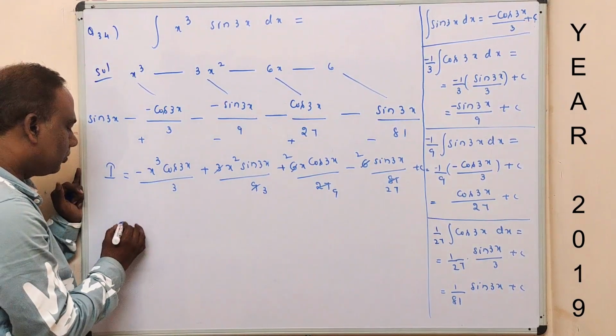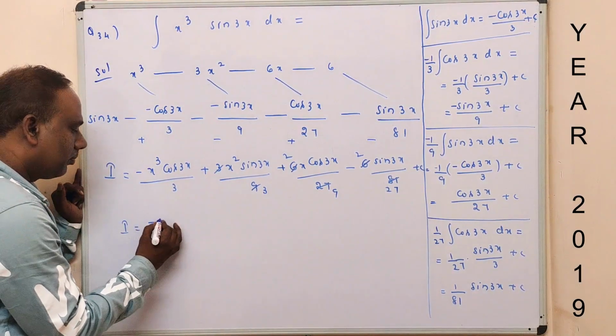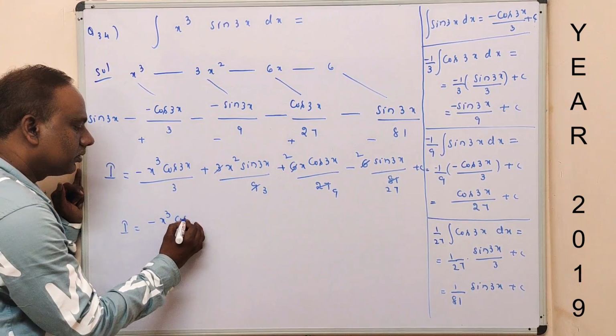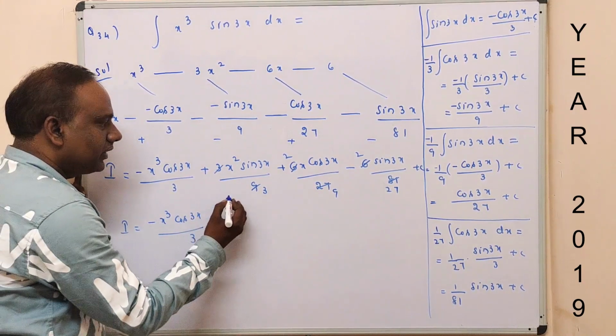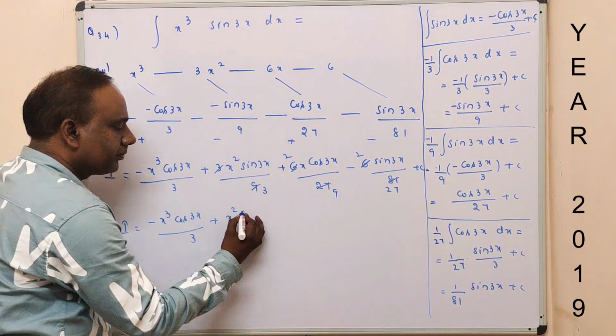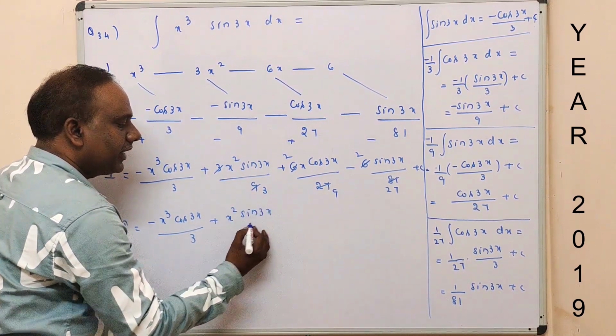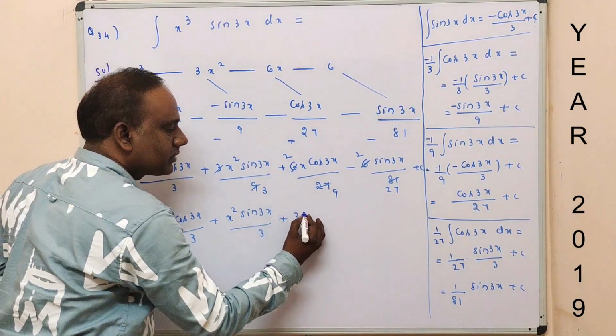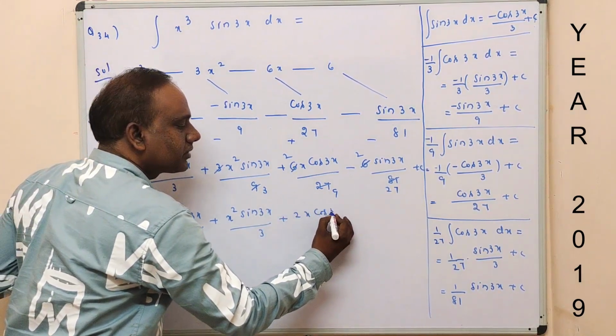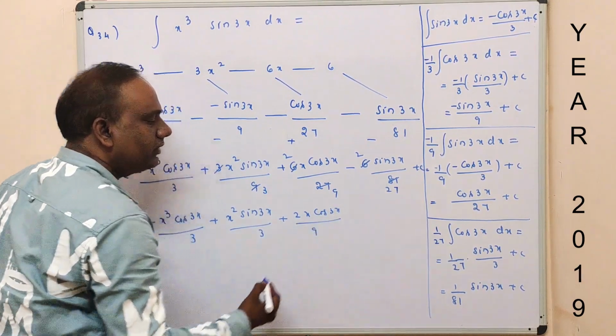Now I is equal to, the solution is minus x cube cos 3x by 3 plus x square sin 3x by 3, here 2x cos 3x by 9.